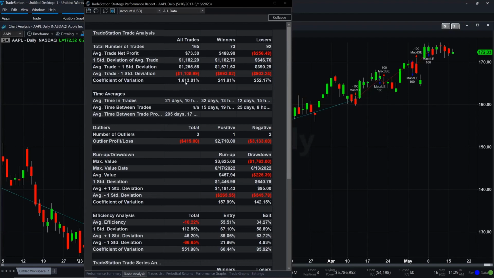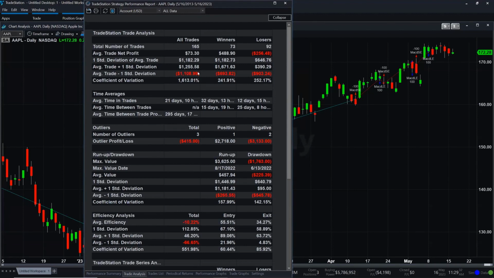So what we want is the percentage here to be lower for the purpose of consistency. You don't want to have such a big variability that one time you get a humongous winning trade, and then all of a sudden you get a huge losing trade that makes you break that balance in the strategy.